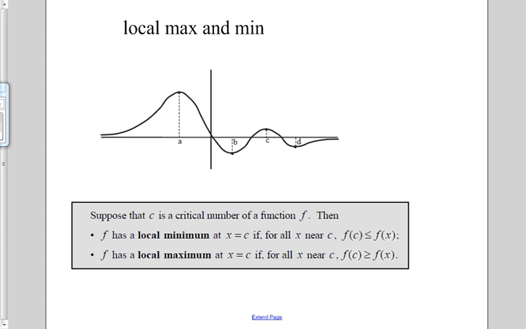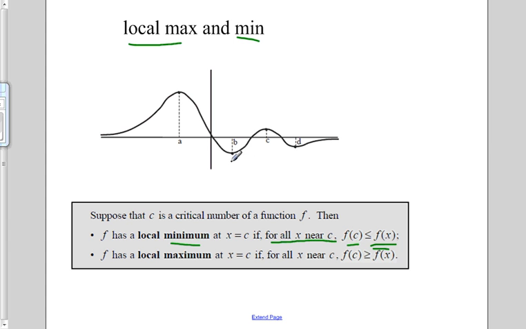Okay, so this is something that we've seen a lot, but just defining it exactly. When we talk about local maxes and mins versus extreme max and min, the definition says a local min is that for all x near some value c, f of c is less than or equal to all x in that area.